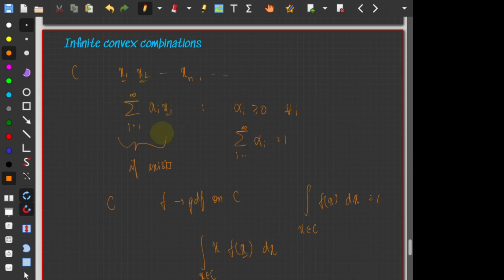So one way to view this, in fact, is that you look at the alpha i's. The alpha i's form a probability mass function, right? It's just a PMF because all the alpha i's are greater than or equal to 0 and they sum to 1. So it's a valid probability mass function. And the xi's are some numbers, right? You think of the alpha i's as the probabilities of those numbers occurring, then essentially a convex combination is just the expectation of x under that particular probability mass function.